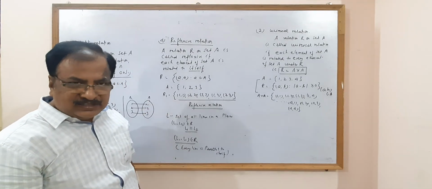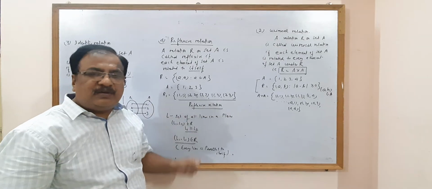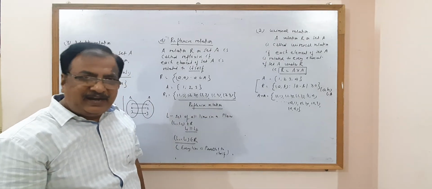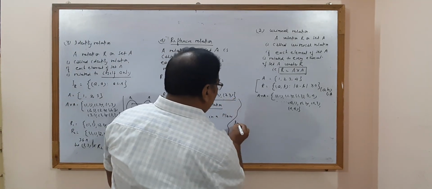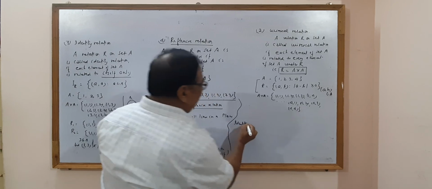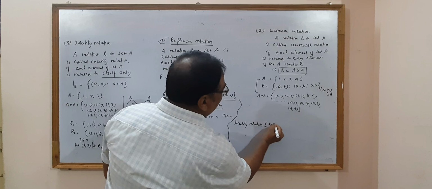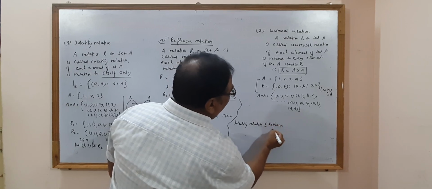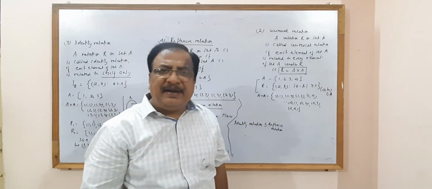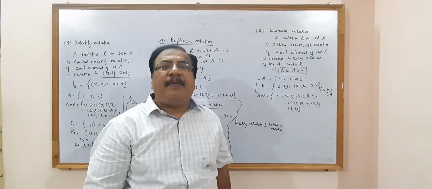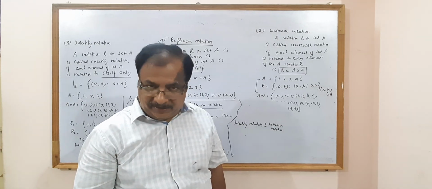So what is the difference between the reflexive relation and the identity relation? The identity relation is a subset of the reflexive relation. That means all identity relations are reflexive, but all reflexive relations are not identity.